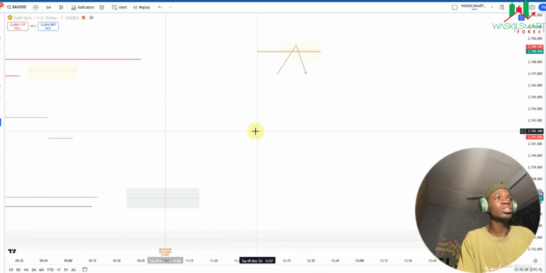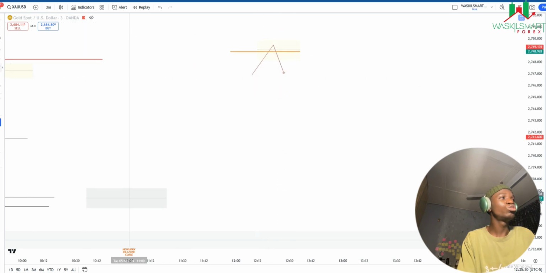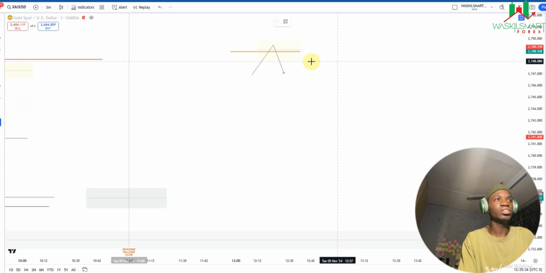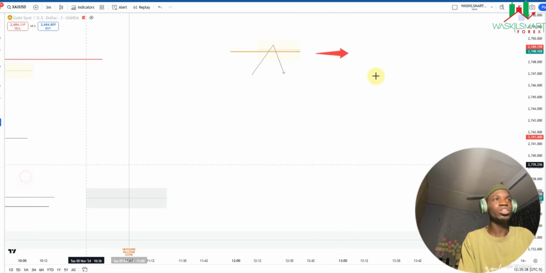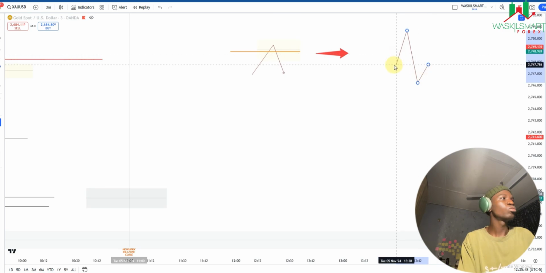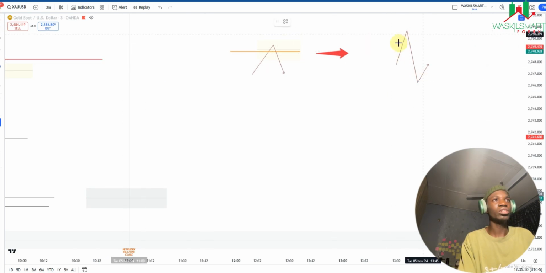So when I saw the market took out the liquidity here, I would drop down to the 3-minute chart. On my 3-minute chart, what I'm looking for is that the market took out the liquidity, and the market structure shifts from this low.